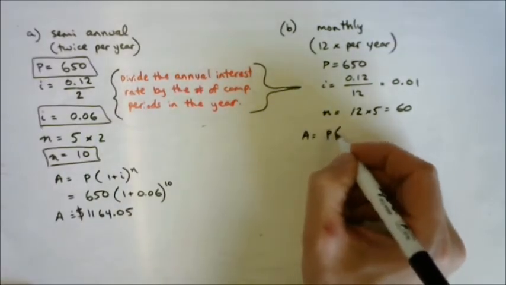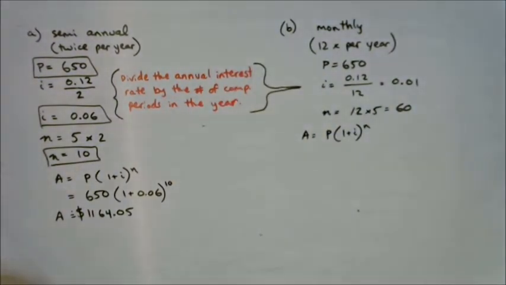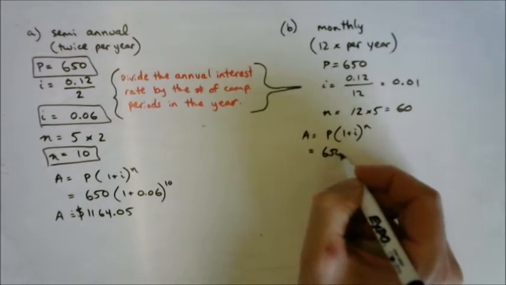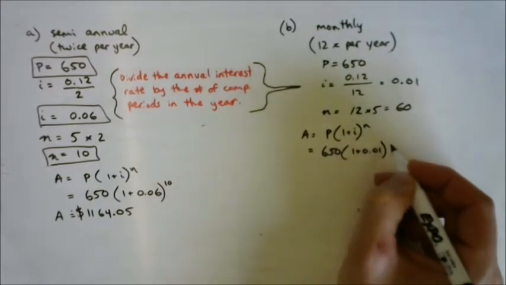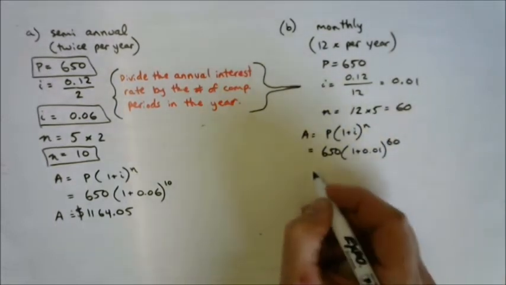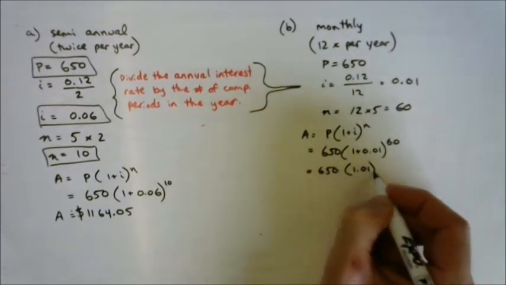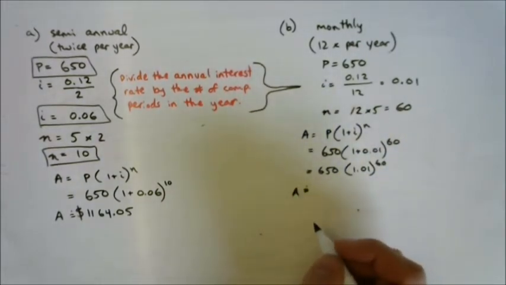Rewrite our formula, which you have memorized now, so that's good. A equals P(1 plus I) to the power of n. Sub in what you know. So 1.01 to the power of 60 times 650.